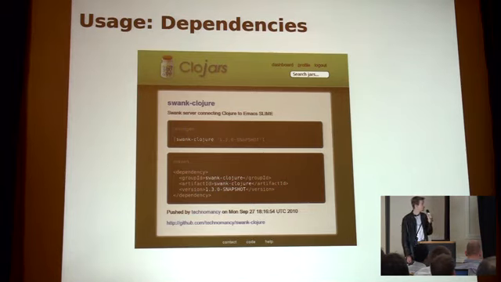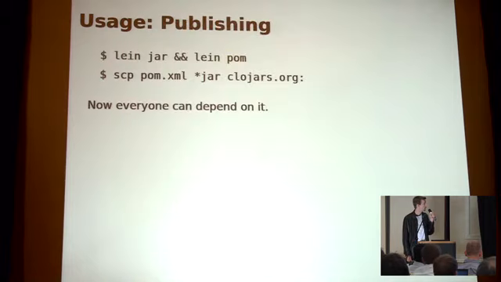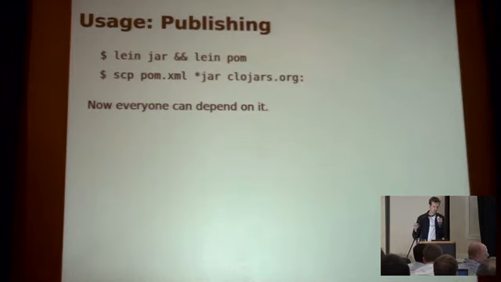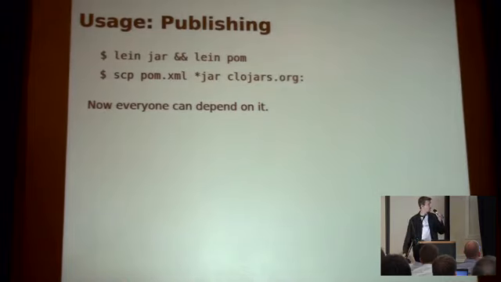Using Leiningen with Clojars is pretty easy. You call the jar task and the POM task. POM spits out a pom.xml, which is like the Maven way of describing your project. Once you have an account on Clojars and you have your SSH public key up there, SCP can put it up there, and as soon as that's done, it's available for other people to depend on.